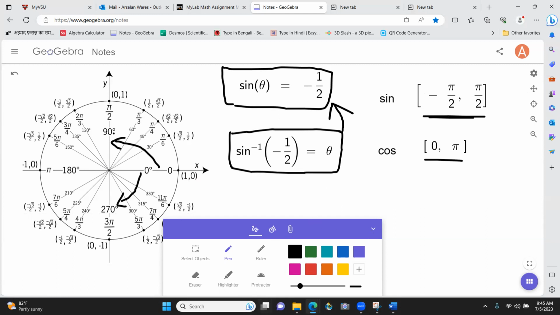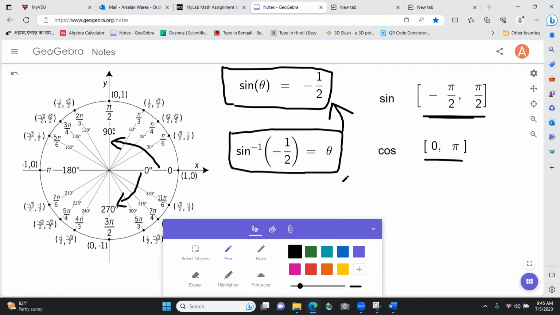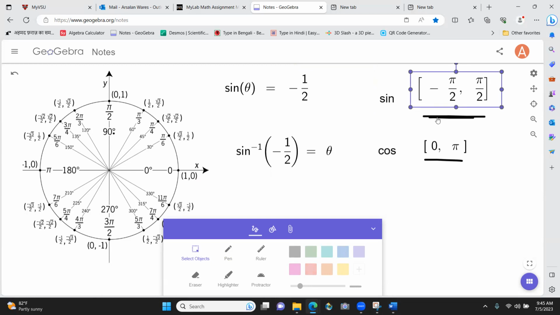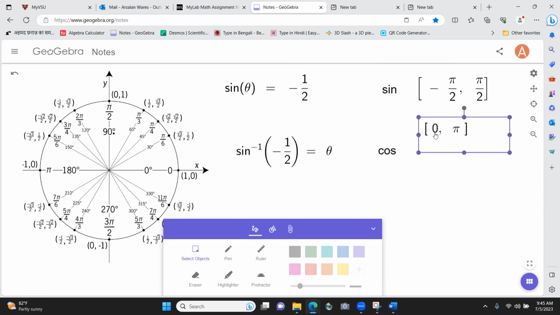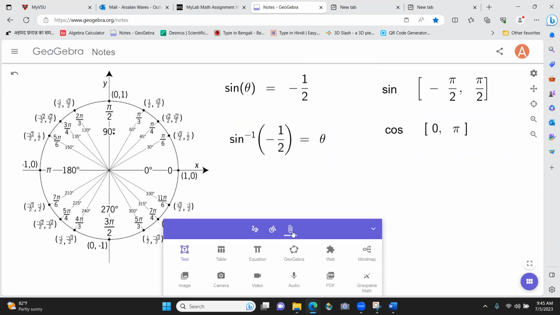So let me give you one more example, and we'll tell you one more tiny thing, and then we should be able to do some of the problems. Same thing is true for cosine, okay? Let me give you an example.